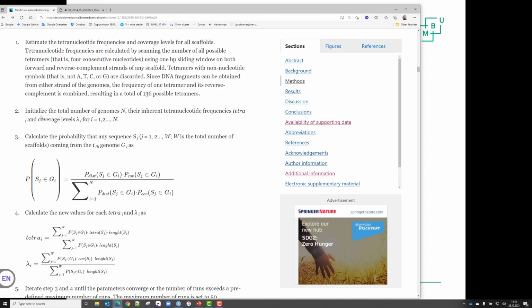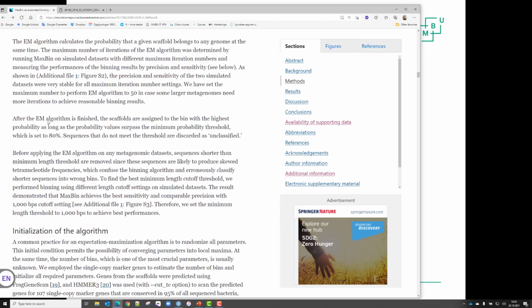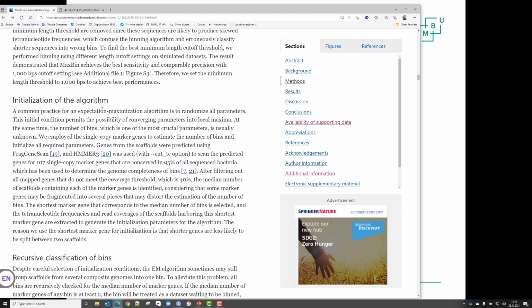And how do we actually find these? Well, then we have to go down to this section here again, initializing of the algorithm. Because remember, we looked at these 107 single copy marker genes and found this N, the copy number of them.